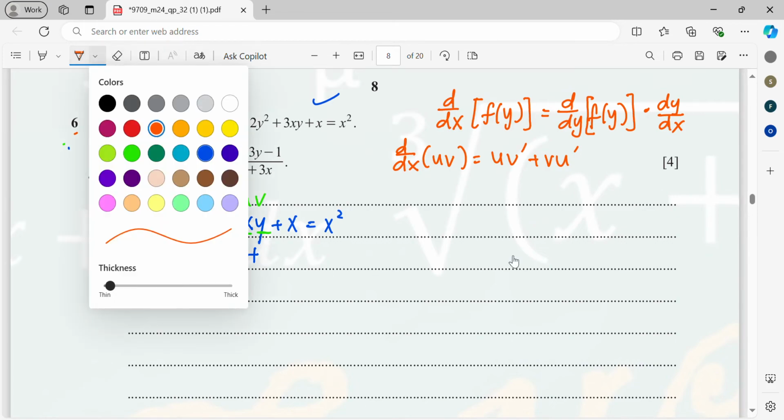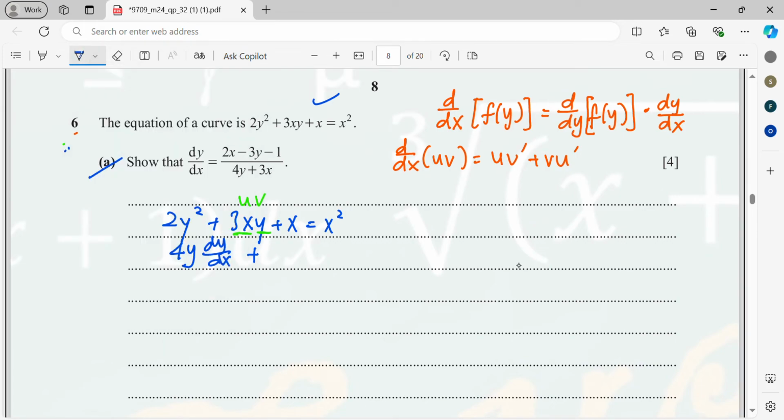So from here, my u is 3x; I keep the 3x, then differentiate y with respect to x: you differentiate y with respect to y first, that is 1, then you times by dy over dx. After that, you plus, keep the y, which is our v, differentiate 3x with respect to x, that is 3.